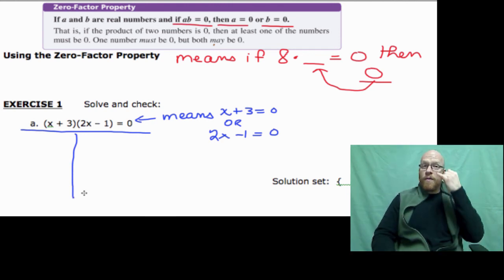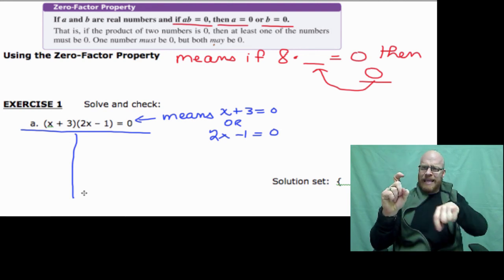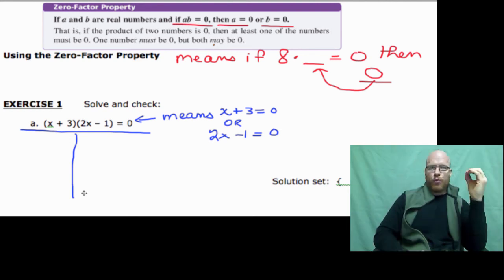So, if x plus 3 times quantity 2x minus 1 equals 0, we need to figure out if x plus 3 equals 0, what is x?